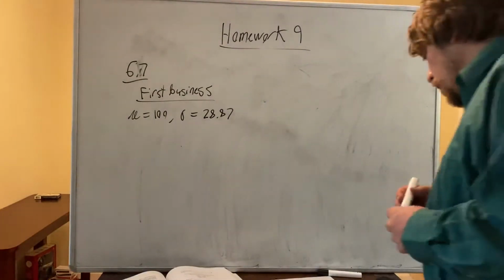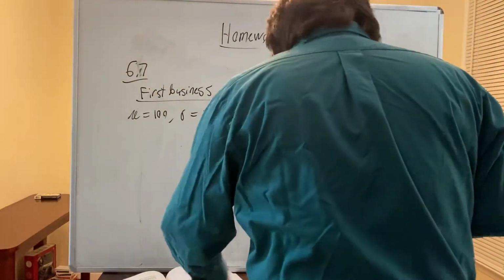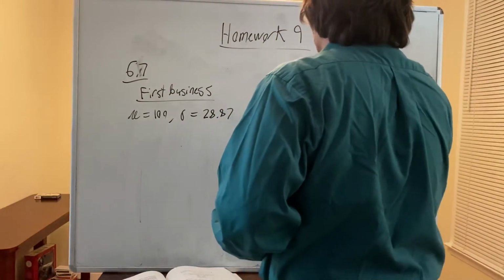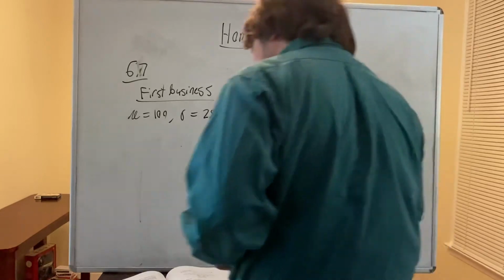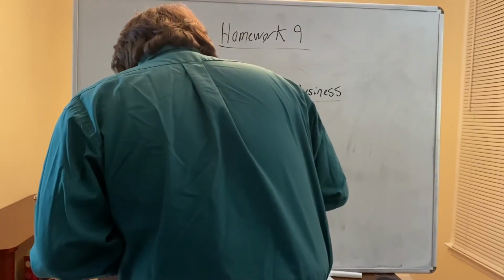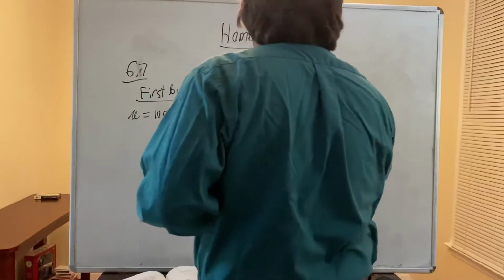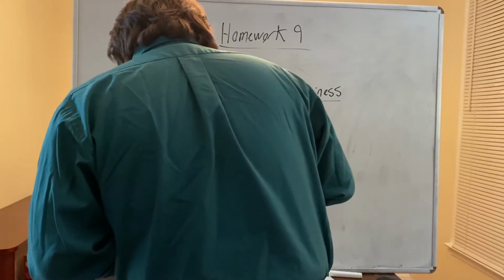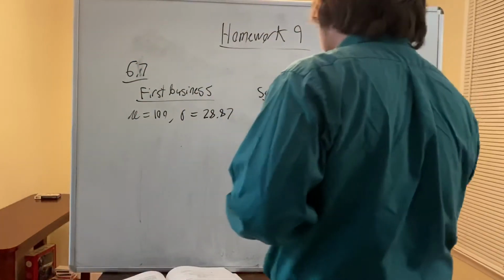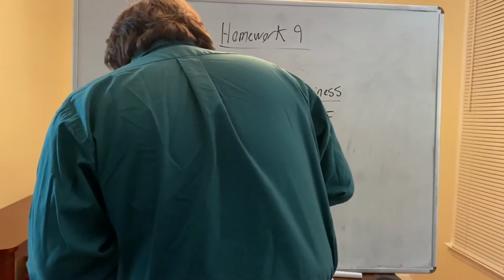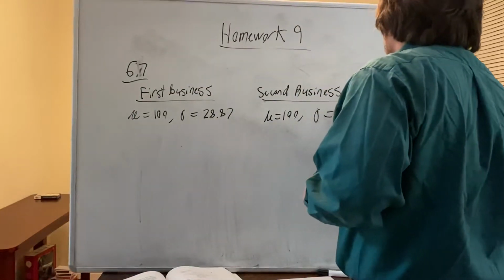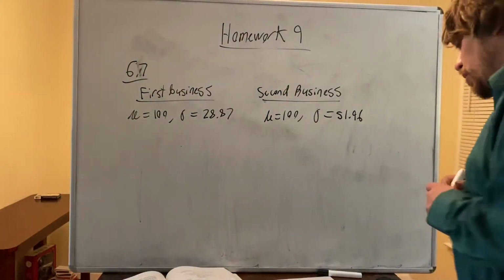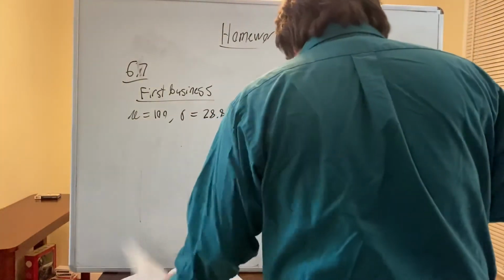Actually, I'll write the second business. For the second business, mu is 100, and the standard deviation sigma is equal to $51.96. Okay.